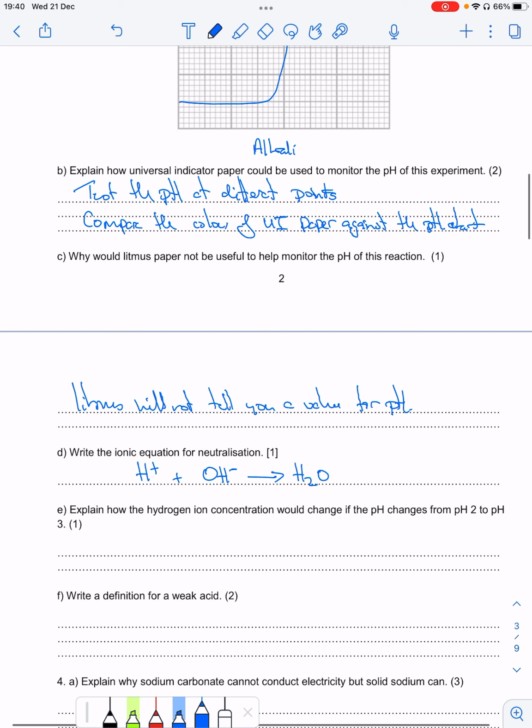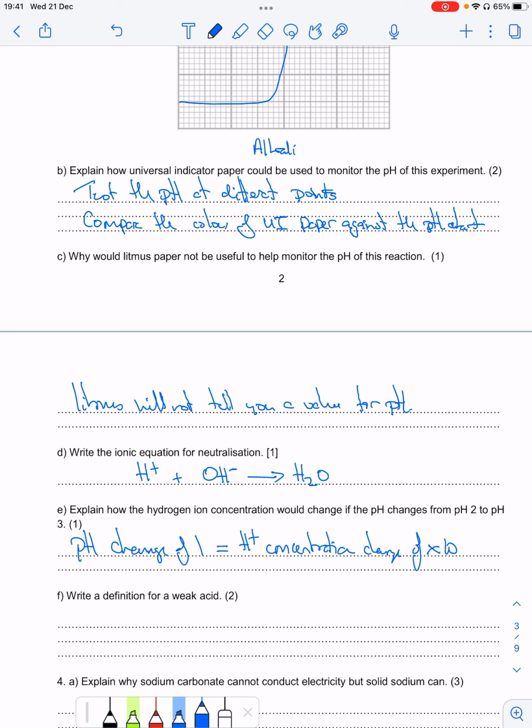Explain what's going to happen to the hydrogen ion concentration if we change the pH. So, what we need to remember in this question here is a pH change of 1, which is what we've got. The core knowledge of this is that a pH change of 1 equals a hydrogen ion concentration change of the factor of 10.